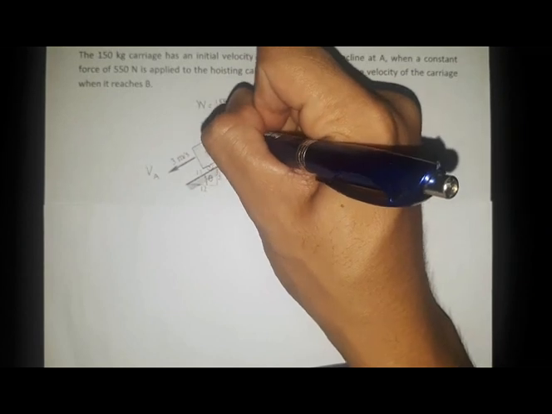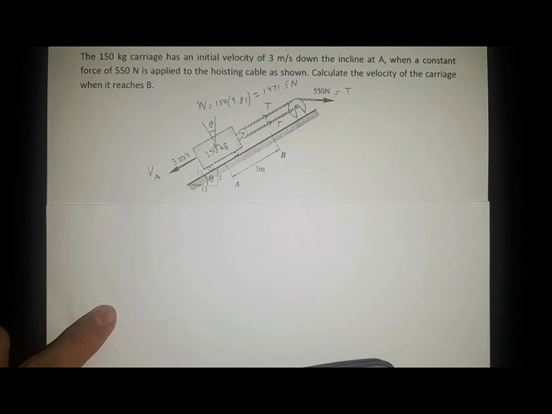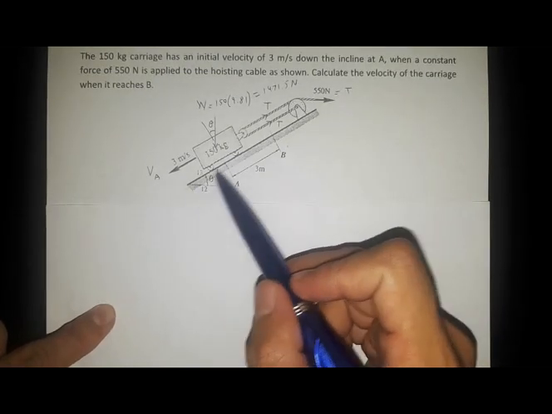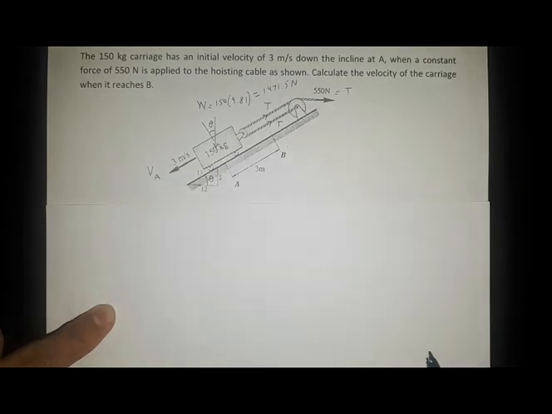So this is your angle theta. Now the ratio of the slope is given. We have 5, 12, 13.